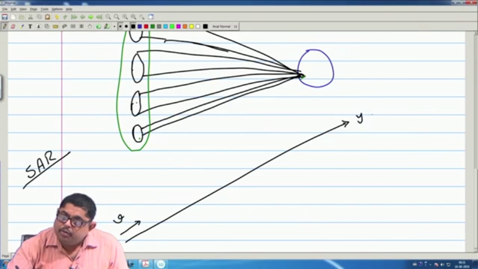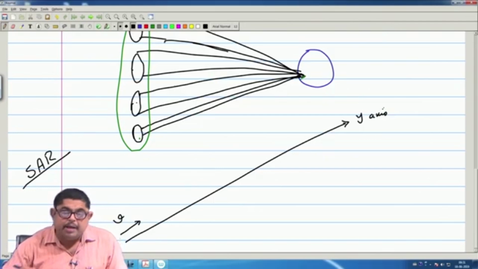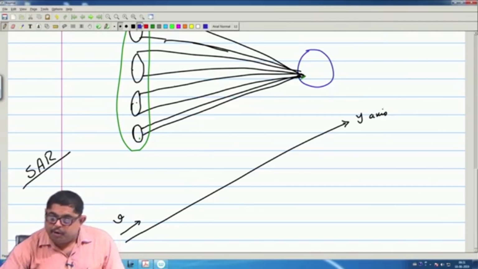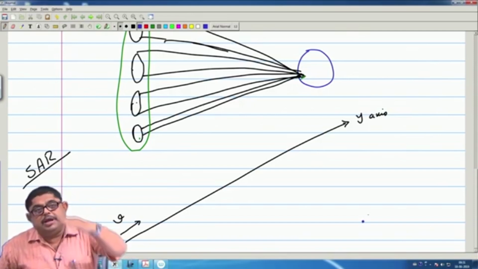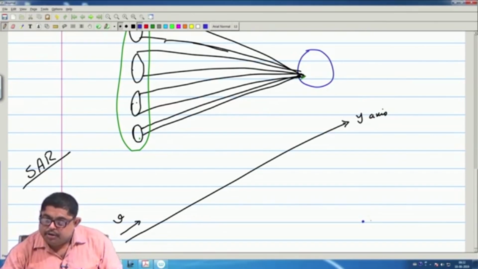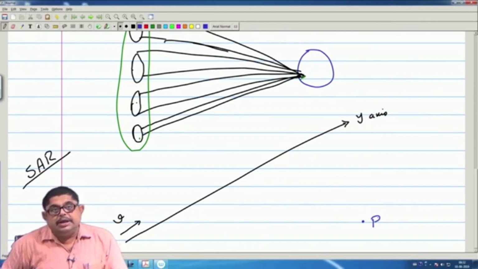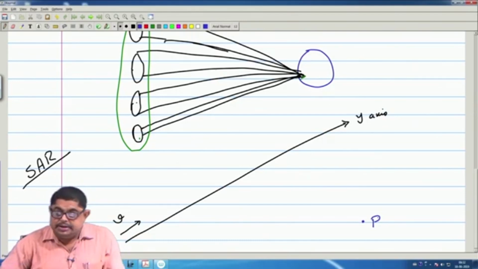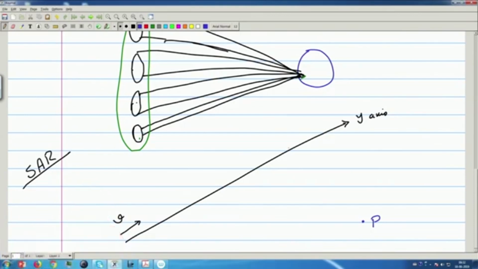Let me call this y axis, and we have a point in the ground. Actually, this radar is moving at a height, and in the ground we have a point P. We are trying to look at this point P, or we are trying to image this point P. So, the radar is moving with a constant velocity v, the course is at a constant height h.